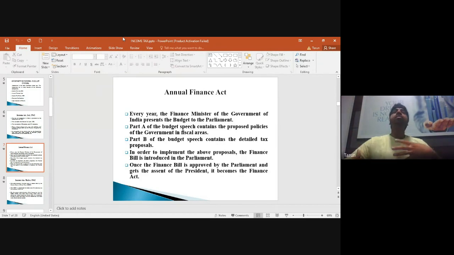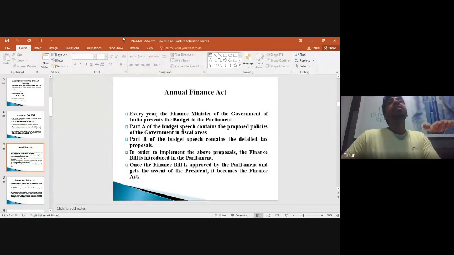When these taxes are formulated and implemented in India, various amendments are made and changed on an annual basis. If any budget has to be made in India, the annual finance budget is formulated and implemented at the end of the year.